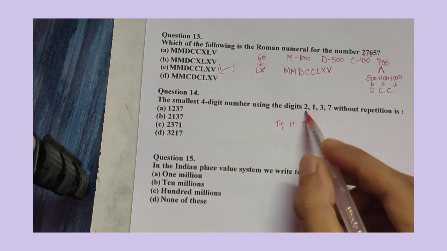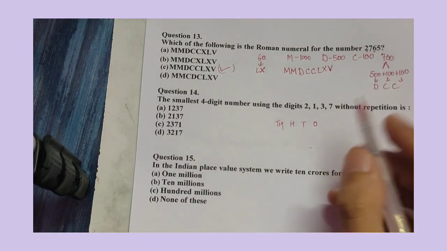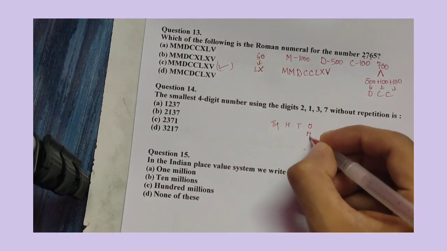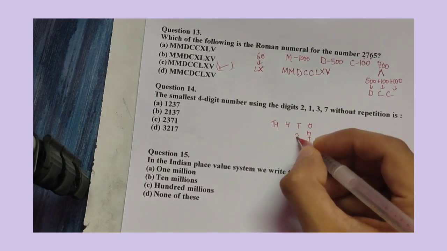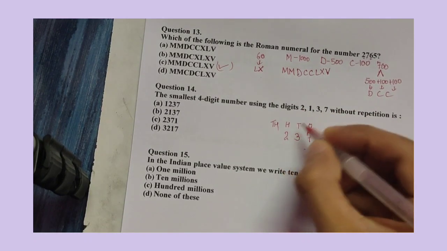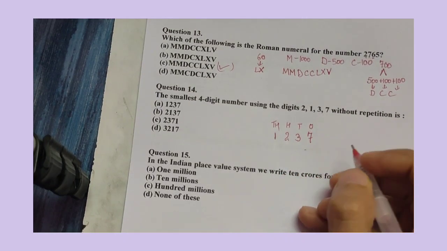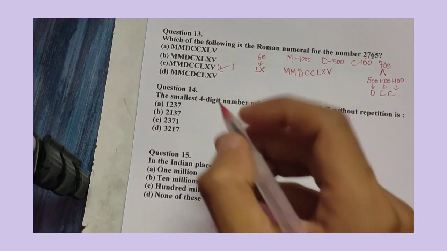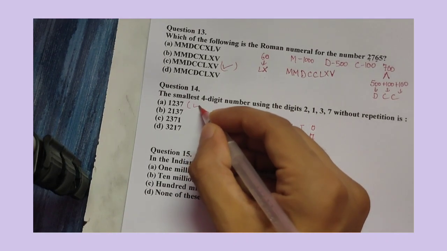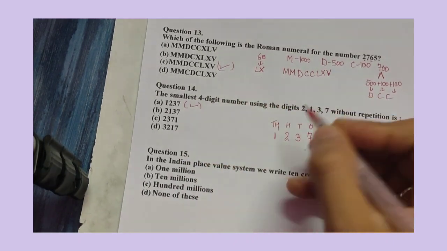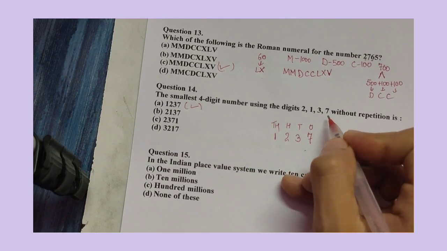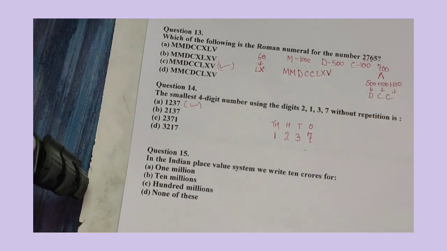The biggest is 7. Then comes 3, then 2, and then the smallest at the initial stage. So 1, 2, 3, 7 is the number. Option A will be the correct answer for the smallest 4-digit number using the digits 2, 1, 3, 7 without any repetition.